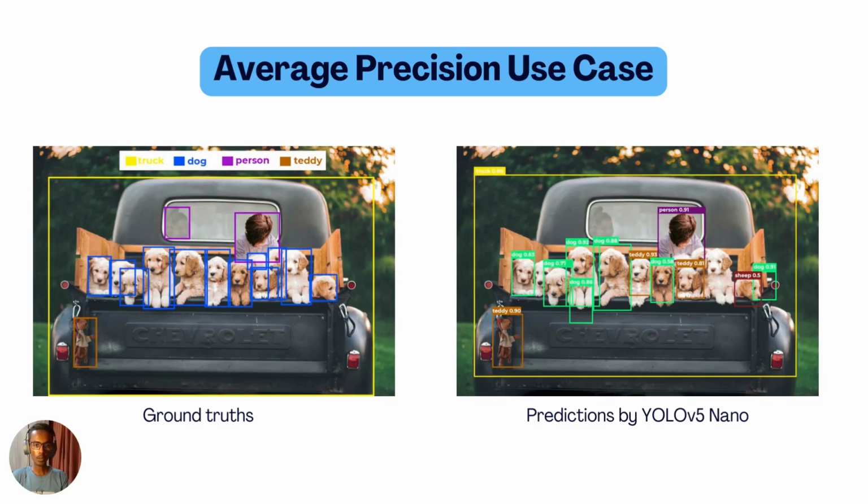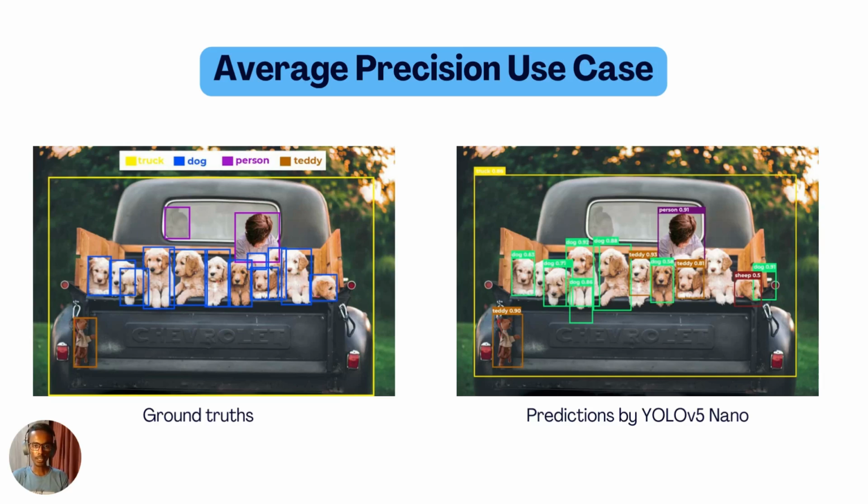If we put the ground truths and the predictions given by YOLO V5 nano side by side, we can see that the ground truth boxes are given for a person, and we also have a person inside the car, and then we have another bounding box capturing the truck, and then we have a teddy bear, and then we have dogs.